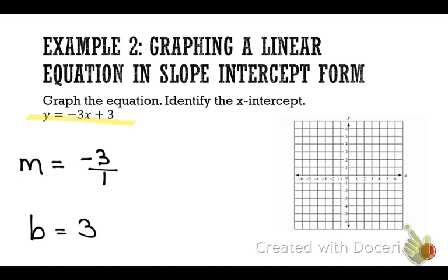We talked about, what does intercept mean? It means to cross something. So, if the equation is telling me that my y-intercept is a value of what? 3. That means it's a guarantee that the line will cross the y-axis at a value of 3. I can plot a point there at a y value of 3.